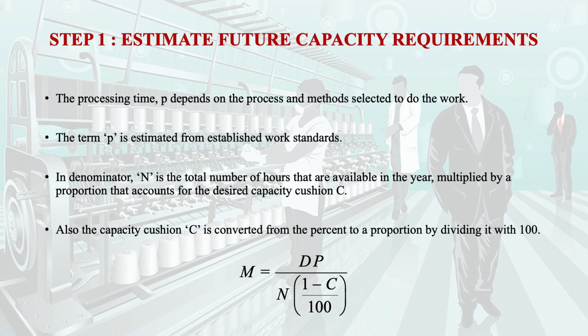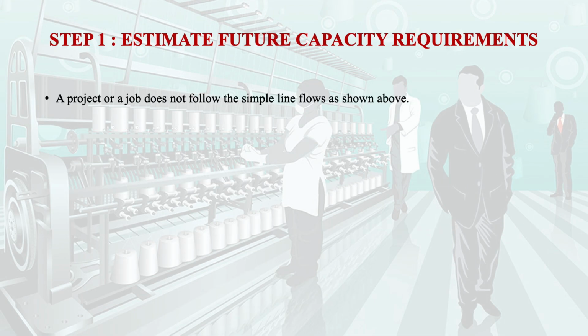The capacity quotient is converted from a percentage to a proportion by dividing it by 100. Then we get a proportion. A project or a job does not follow the simple line as we have shown earlier.